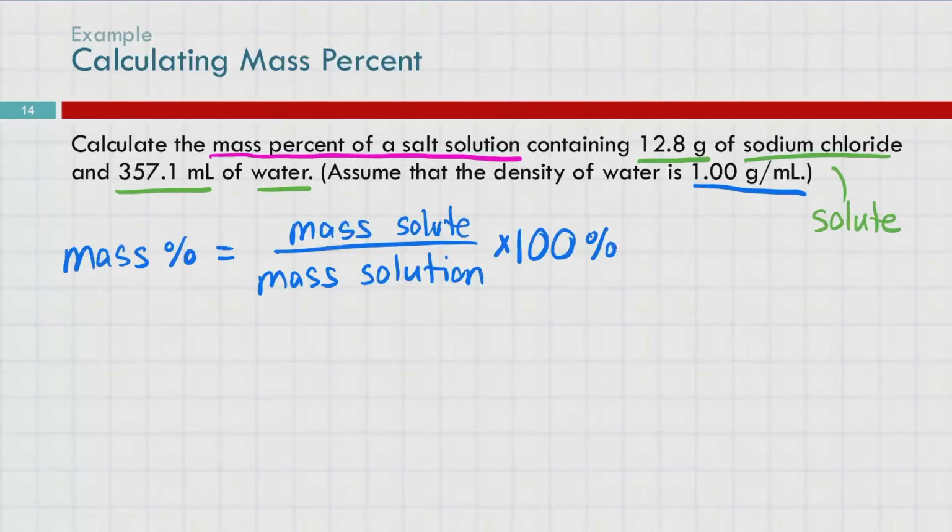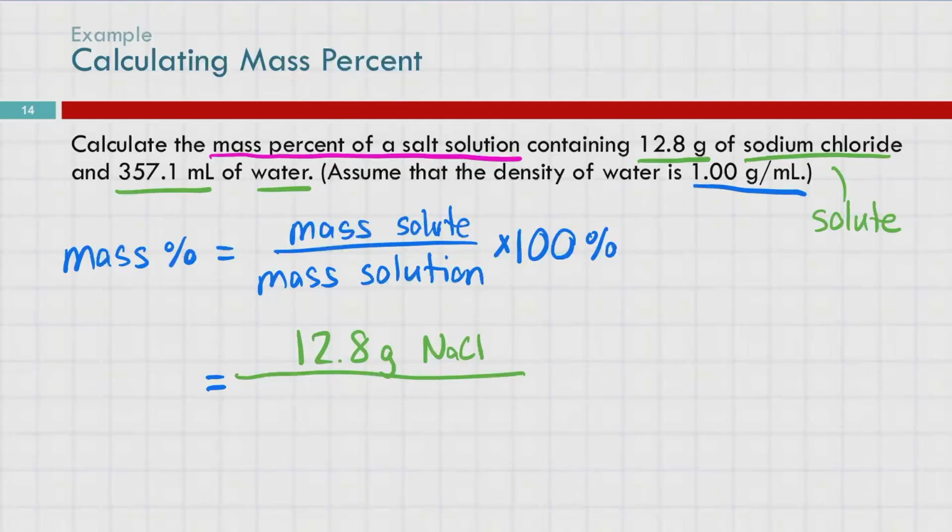It's both the minority component and the solid. So in our equation, we're going to put 12.8 grams sodium chloride. What goes in for mass of solution? What's included in the solution? There's two things. Solute and solvent.